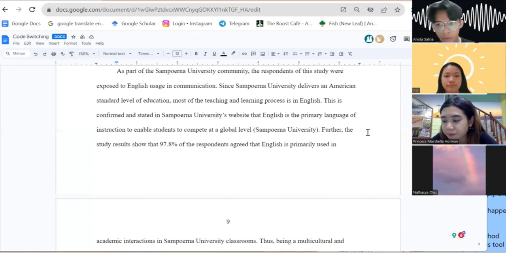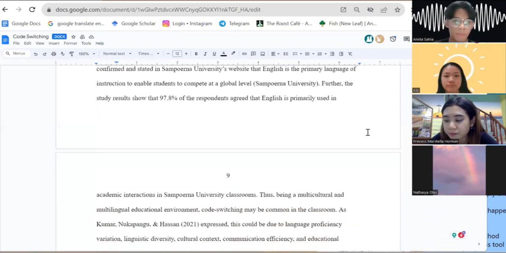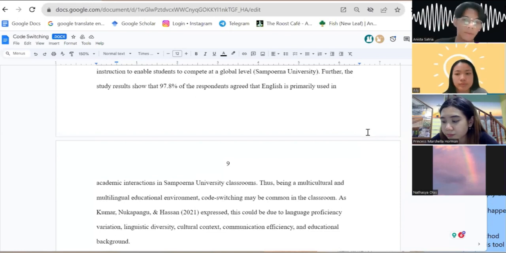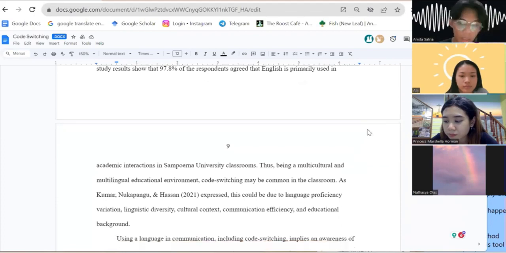A significant 97.8% of respondents affirmed that English is predominantly used in academic interaction within the university, and this prevalence of code switching in this multicultural environment can be because of various factors such as differences in language proficiency, diversity of languages spoken, cultural context, communication efficiency, and also educational backgrounds.